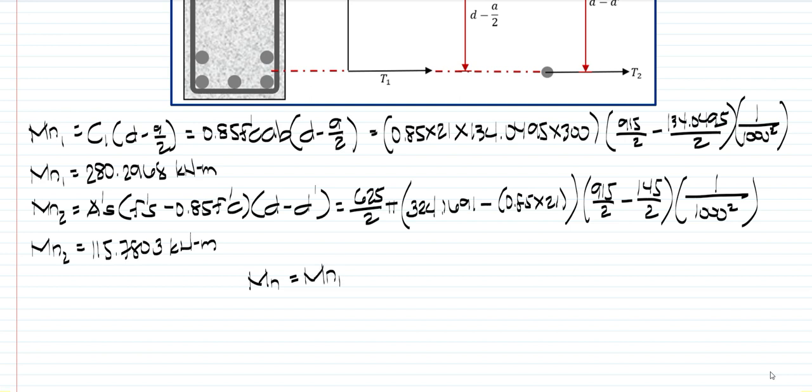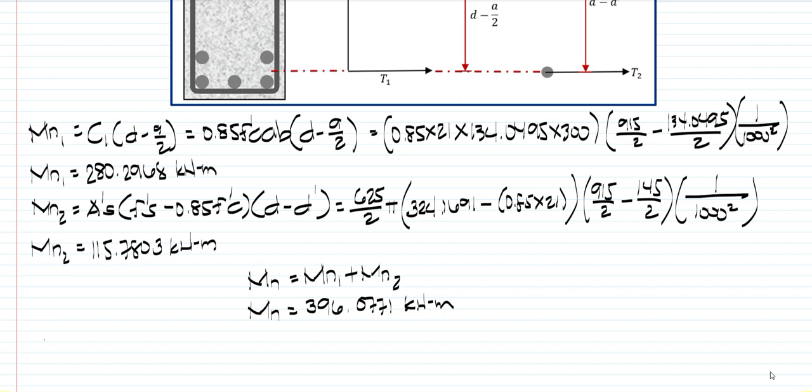And adding those two nominal moments, we could get the nominal or the total nominal moment. So that is MN1 plus MN2. We could have a total nominal moment equivalent to 396.0771 kilonewton meter. So, hindi pa natin to pwedeng i-compare dun sa 320 kilonewton meter na actual ultimate moment kasi nominal pa lang siya.